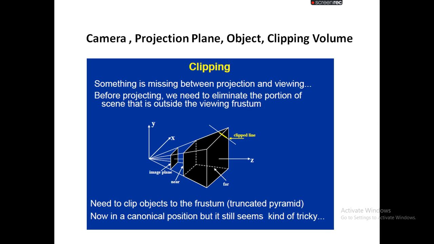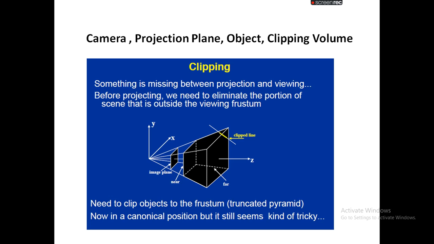And our eyes are the best example of perspective projection, because when an object is nearest to our eye, the size of the object looks larger. When we perform zoom in, the size of the object looks larger.